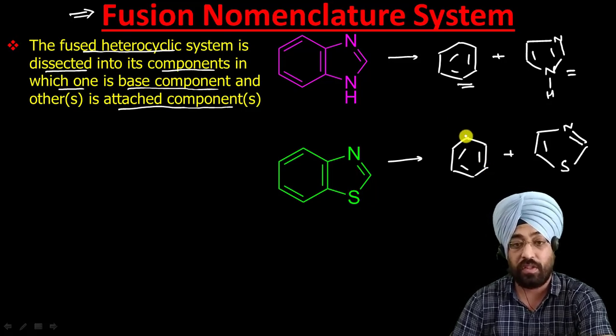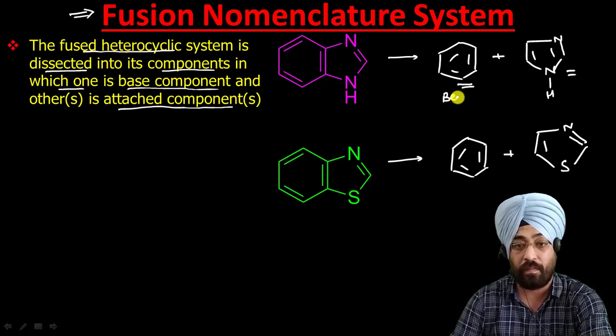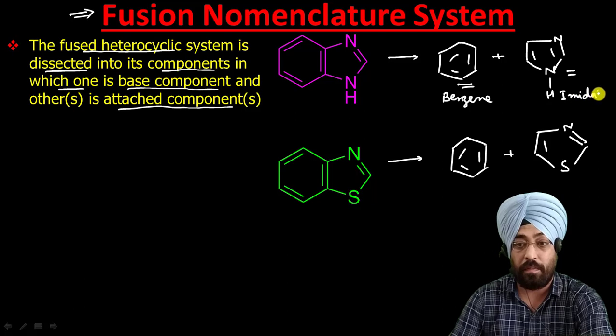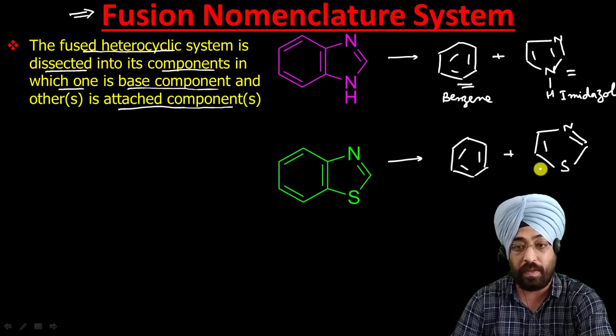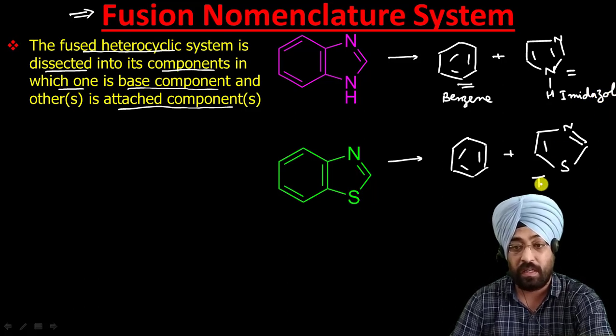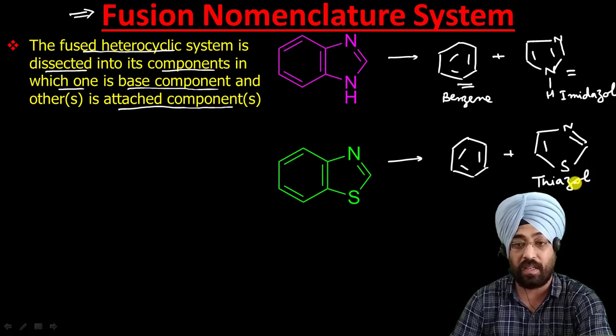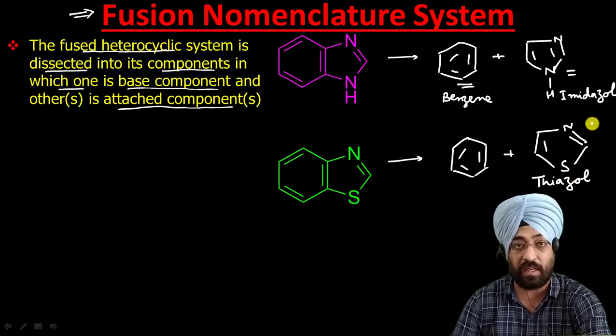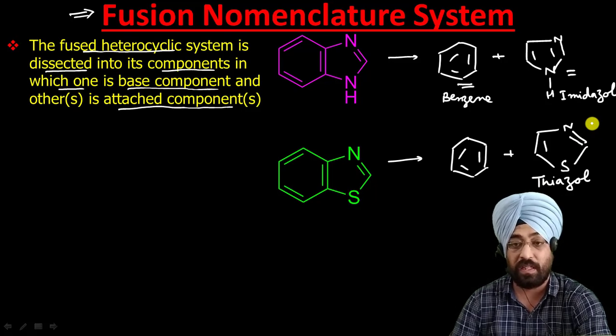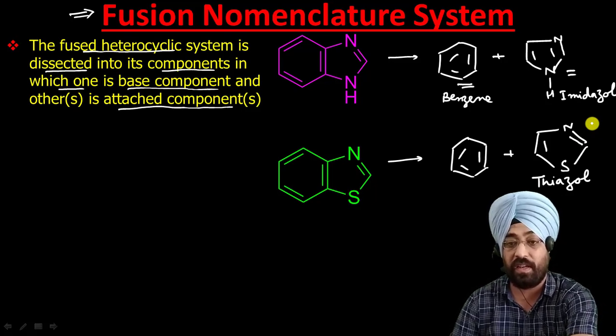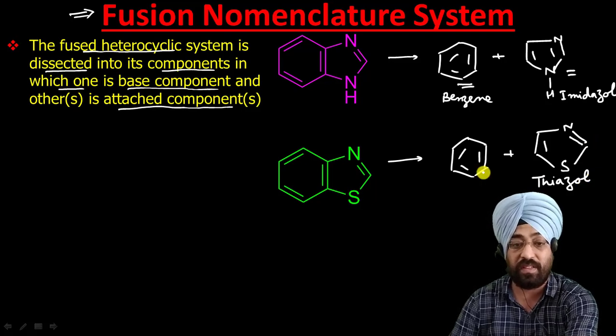This is benzene and this is imidazole. This is benzene, this is thiazole. These are the common names which have been recognized by IUPAC. We discussed these trivial names in my previous lecture. So this is imidazole, this is thiazole, and this is benzene.